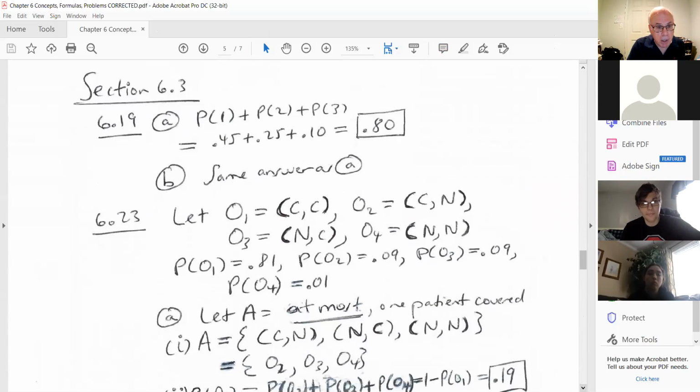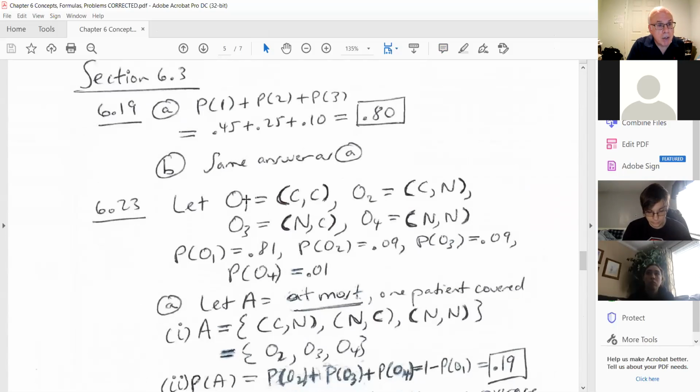This one right here. This is in section 3, chapter 6, number 23, 6.23. This has to do with health insurance claims, I believe, and two people were selected, and either their claim was accepted or not accepted. So there's two options, and we have four different outcomes here.